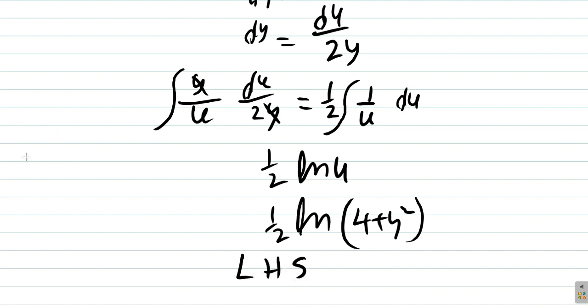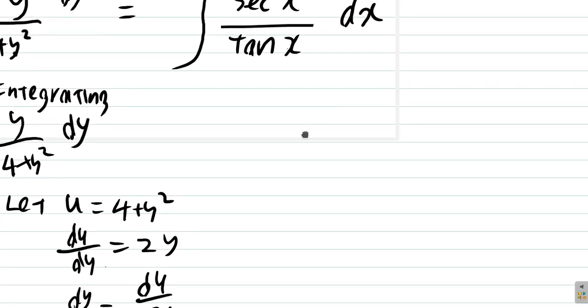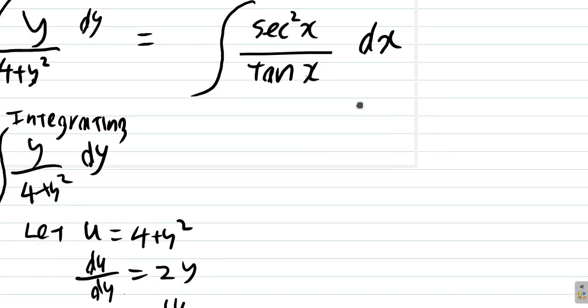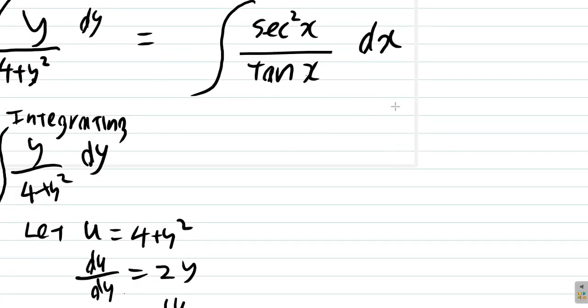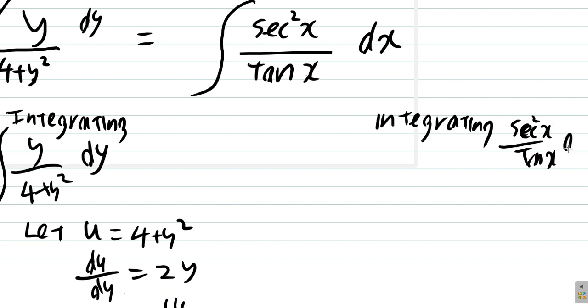Alright? Let's look at what happens on the right hand side now. Let's give it a little space and write it over here. Integrating sec squared x over tan x dx.